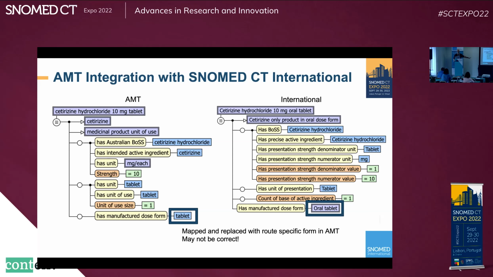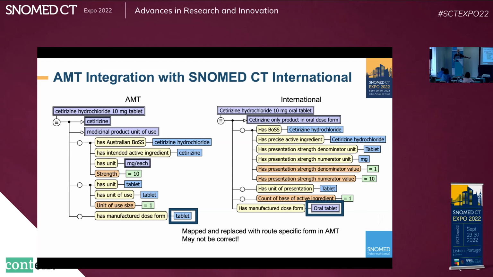This is obviously where strength is being said. And so what I've done here, and in the previous example actually as well, is I've added into the version of AMT that I've created, the prototype version, a number of description logic axioms that are equivalent class axioms that have an expression on the left and the right hand side.